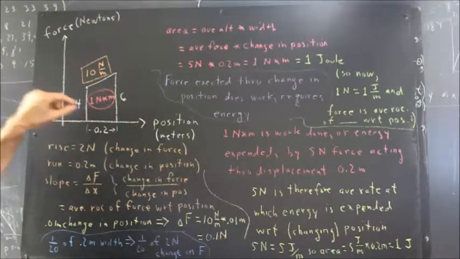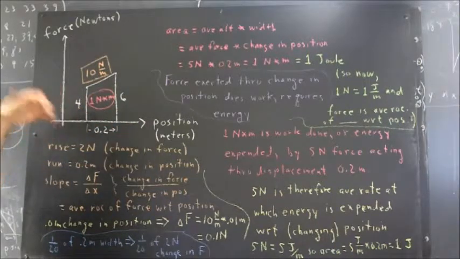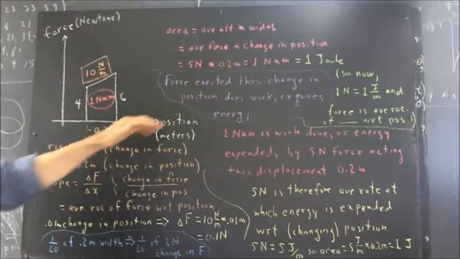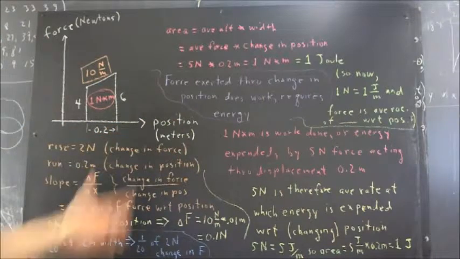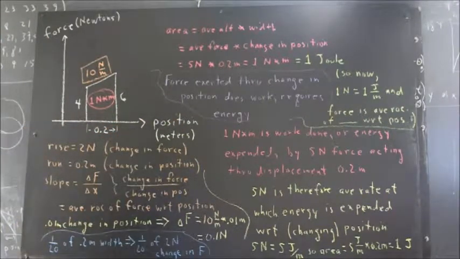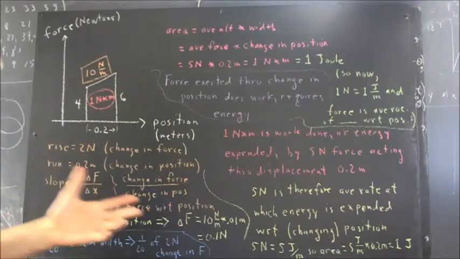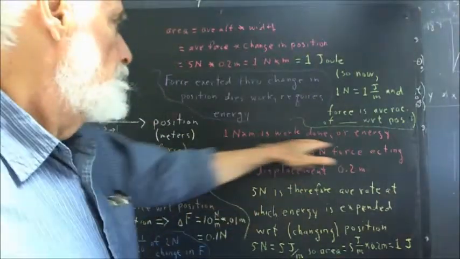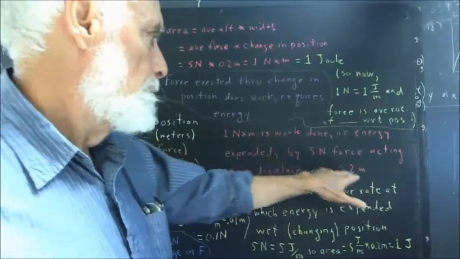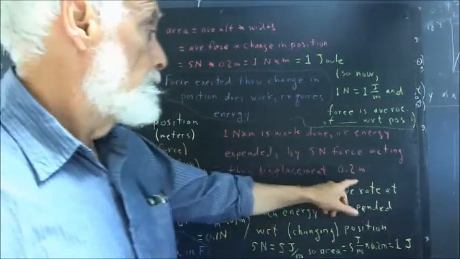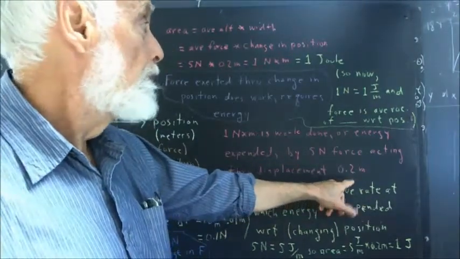So force should be the rate of change of some quantity with respect to position. How do we reconcile that? Well, again, 1 newton meter is the work done or the energy expended by 5 newton force through displacement 0.2 meters.